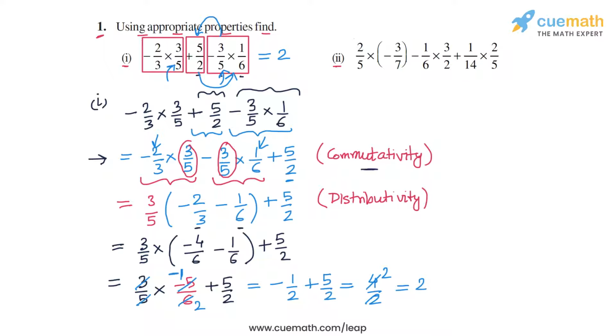But you might say, hey, this was a positive number, and then we were subtracting this number from 5 by 2. So basically, if you look at the second and the third terms, this is of the form a minus b, where a is 5 by 2 and b is 3 by 5 into 1 by 6.